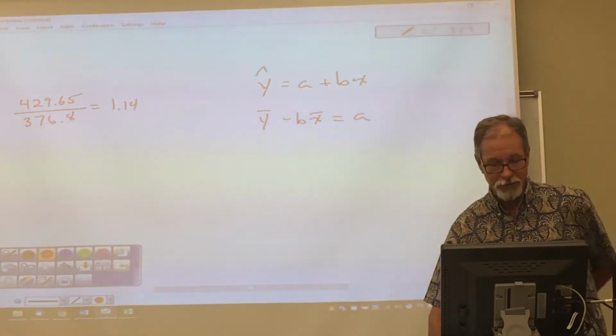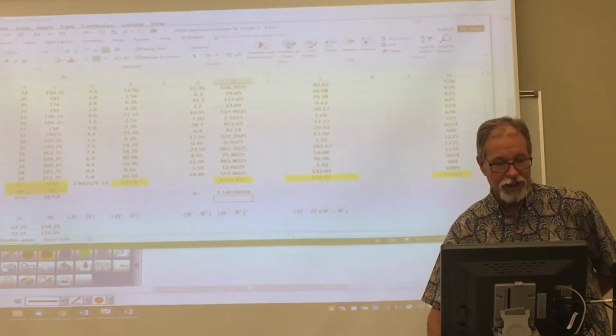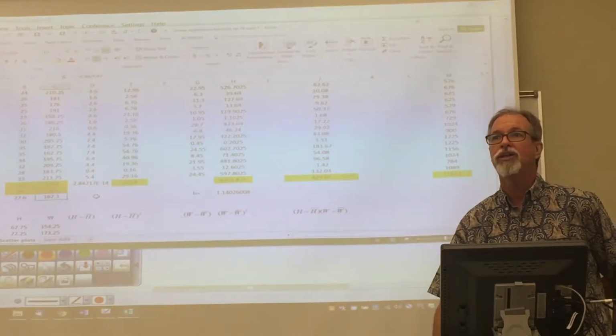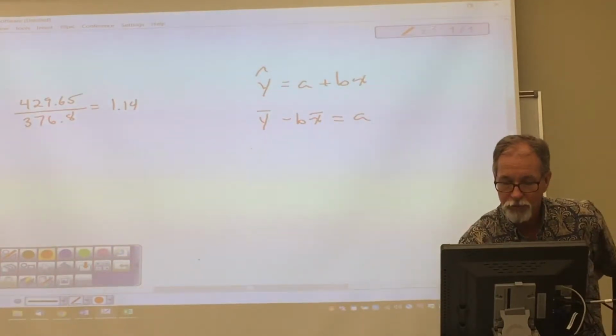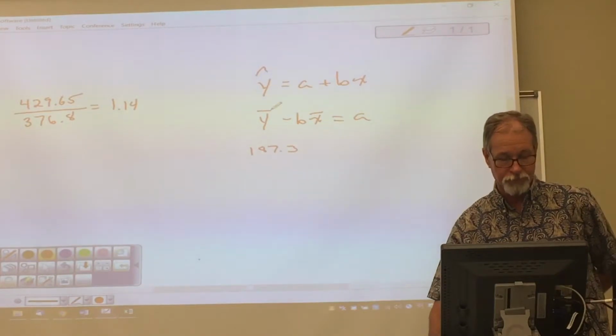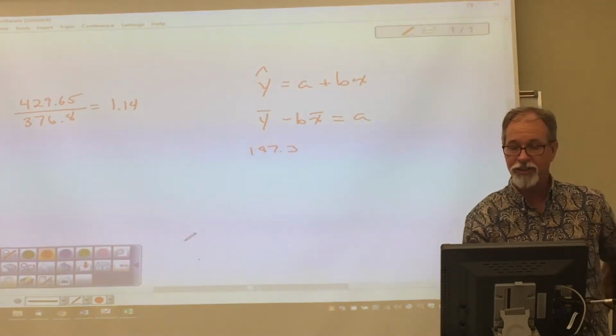So I have to go back to my sheet, and here is my Y bar, 187.3. Wait, what was the Y bar? Why is that a Y bar? In this particular case, it's weight.